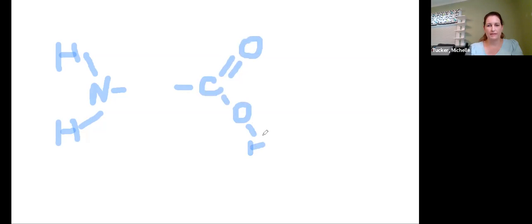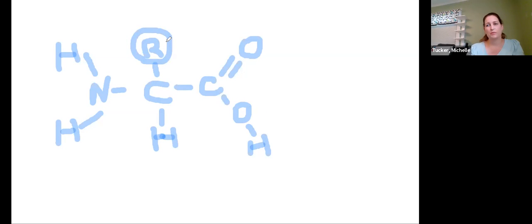Every amino acid has these 2 functional groups. This is the basic side, this is the acidic side. In the middle, it will have a carbon and a hydrogen, called a carbon-hydrogen bridge, and then it has something called an R group.